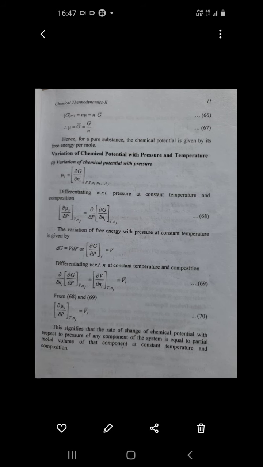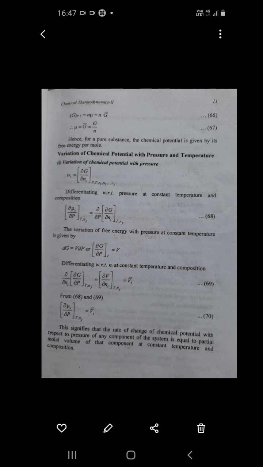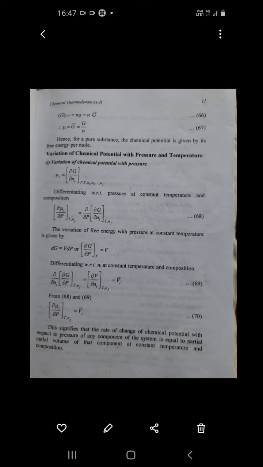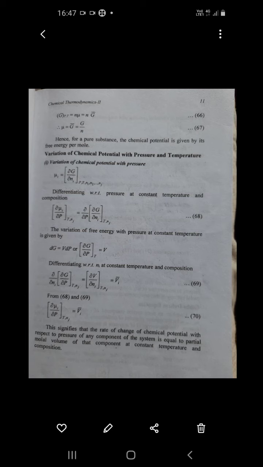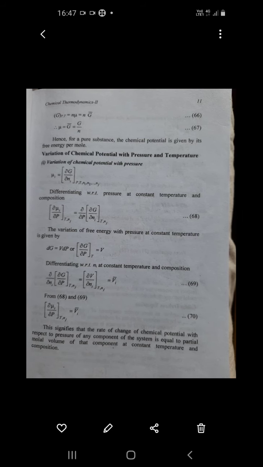Again I will tell you, the above equation, that is equation number 70, signifies that the rate of change of chemical potential with respect to pressure of any component of a system is equal to the partial molar volume of that component at constant temperature and composition. That is the variation of chemical potential with pressure, which you have to remember.